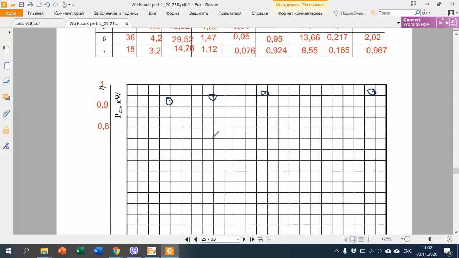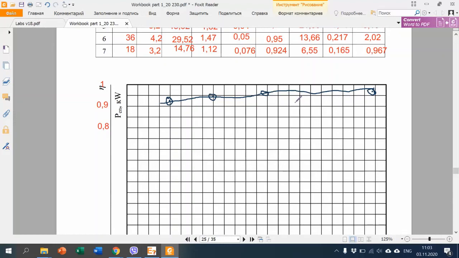So you should have 4 points, and these 4 points should be approximated. Wow. Let me, I will not draw by mouse because it's very difficult, but you should. Oh my God, like sea waves.